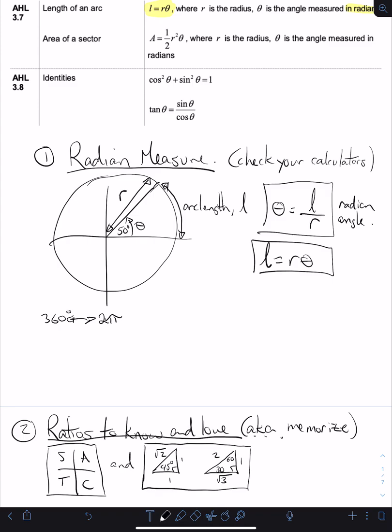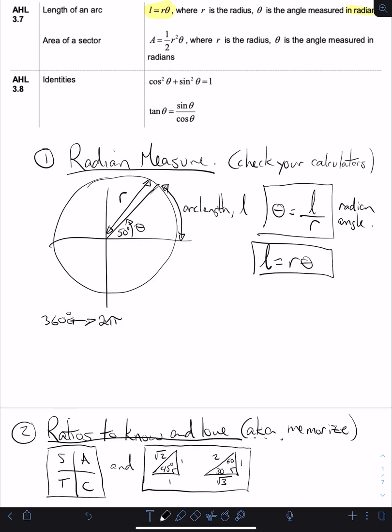It's the circumference, 2 pi r, divided by the radius, r. So full circle, right? The radian measure would be 2 pi r, that would be the arc length, divided by the radius. So a full 360 rotation is 2 pi. So that's your conversion rate.